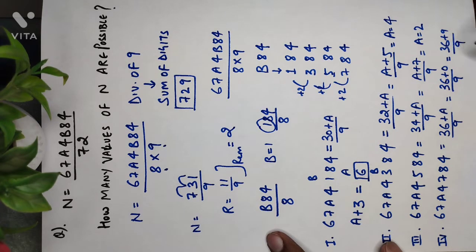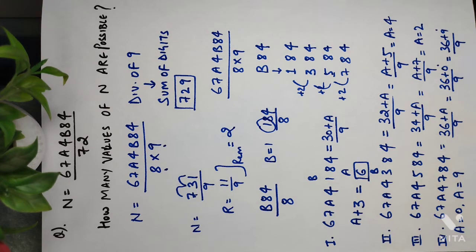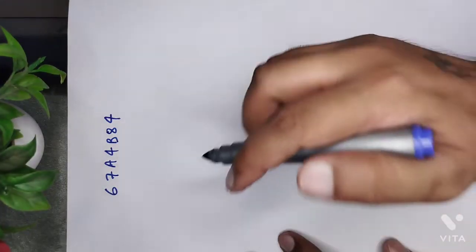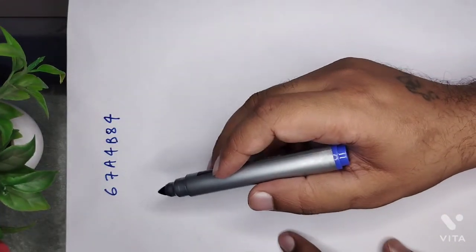It can also be 9, 36 plus 9 divided by 9. We can keep two different values of a. We can also keep 0 and we can also keep 9. So we got two values from here, that is a is equal to 0 and a is equal to 9. So we got different values of a and b over here.